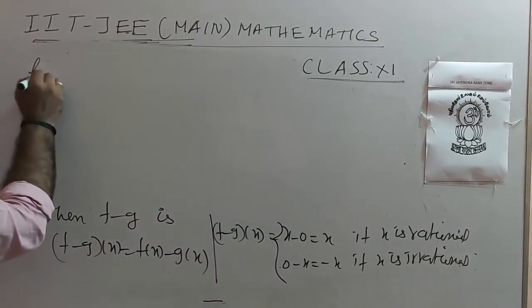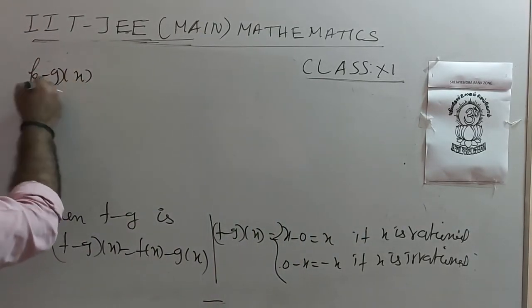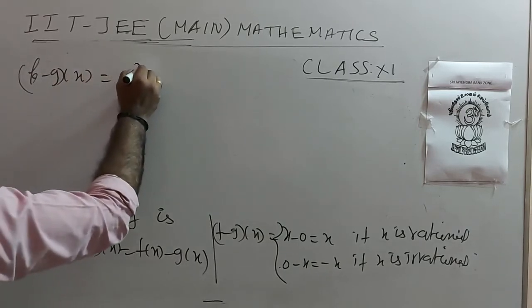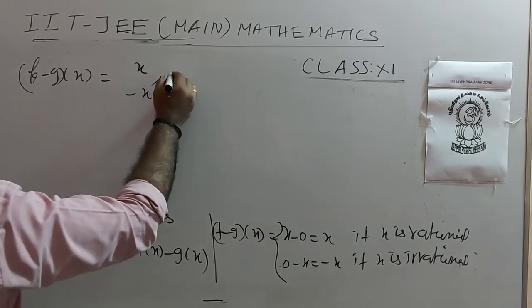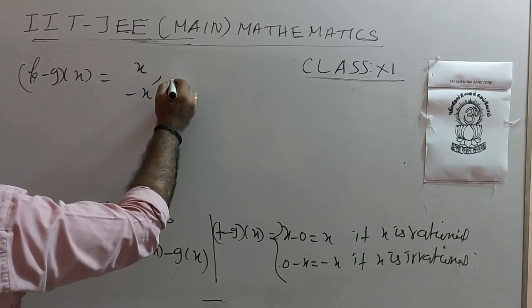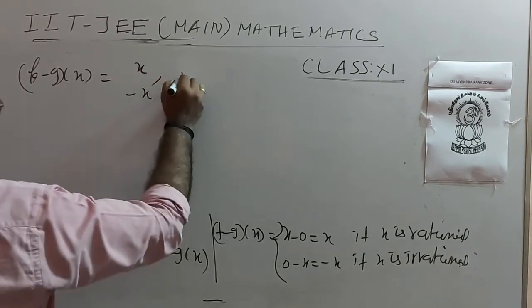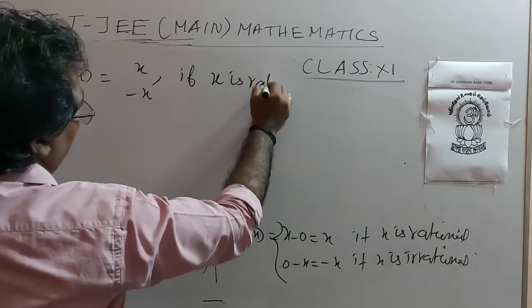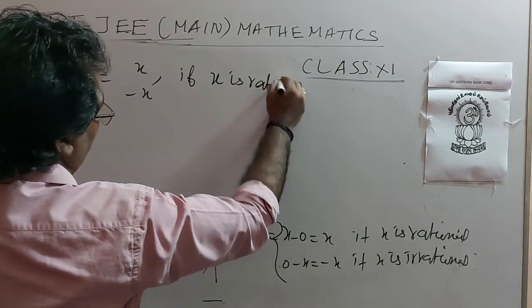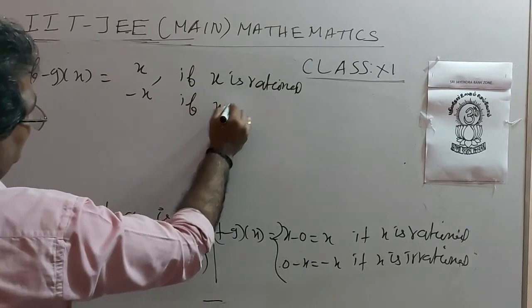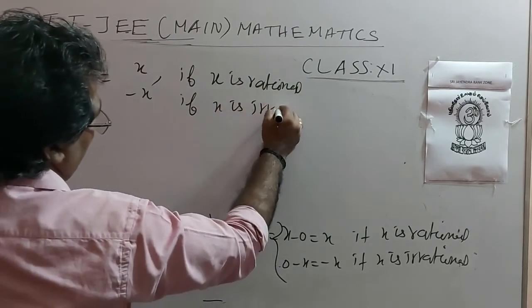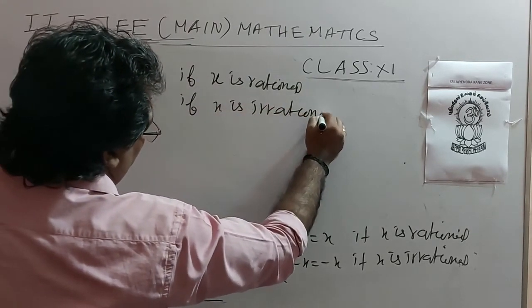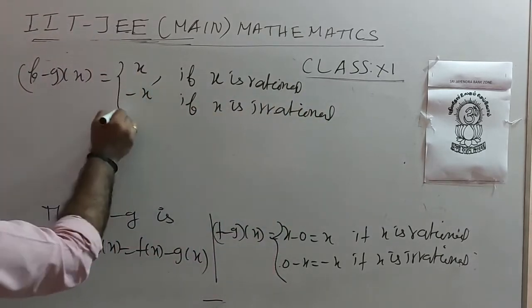So f minus g of x equal to x, minus x, if x is rational, if x is irrational.